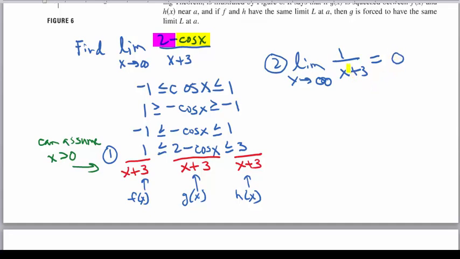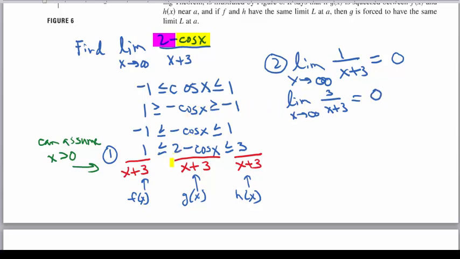Right? The denominator gets big, the numerator is 1, so 1 over a really big number is getting close to 0. And also, the same thing with the function on the right. 3 over x plus 3. The denominator gets really big, the numerator is 3, so this is also going to 0.